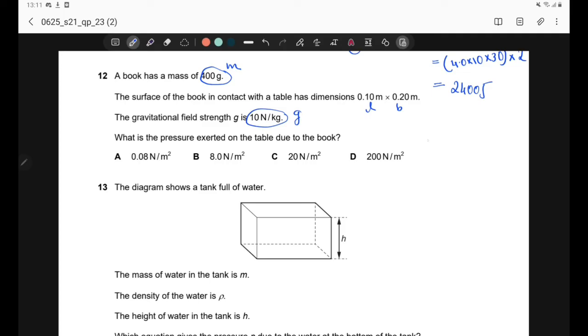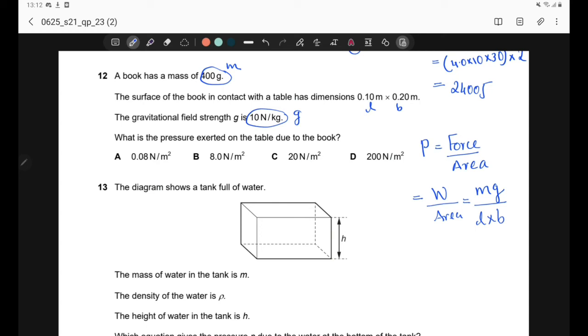So here we can use the equation of pressure, that is force over area. Force is nothing but the weight of this book, where the weight equation we can write as W equal to mg. So instead of W I am writing mg over the area of the table in contact, which will be length times breadth. We are provided with the length and breadth separately.